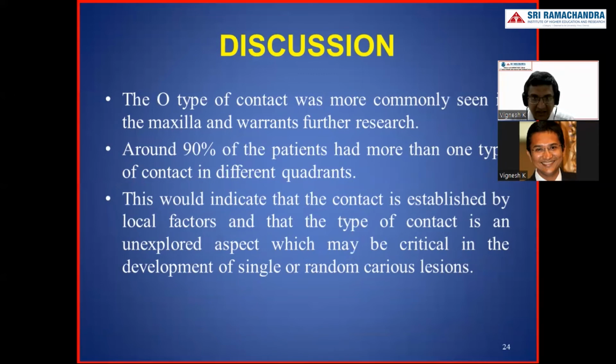We hypothesized that this would indicate that the contact is established by local factors and that the type of contact is an unexplored aspect which may be critical in the development of a single or random carious lesions.